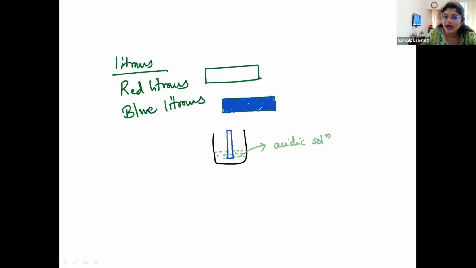The moment you add this blue litmus paper into the beaker containing acidic solution, since it is in the form of strips, however much of the part is dipped in the beaker, that much will turn red. This much portion will turn red.